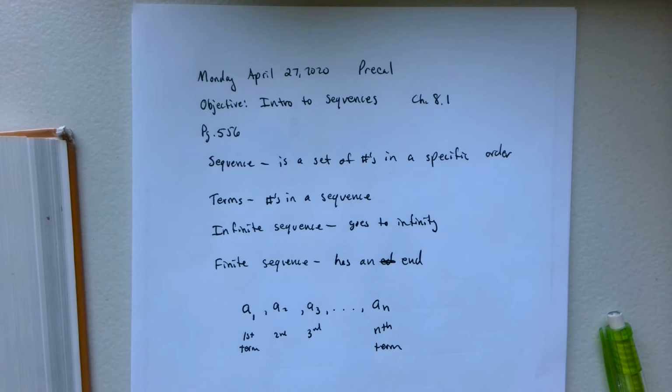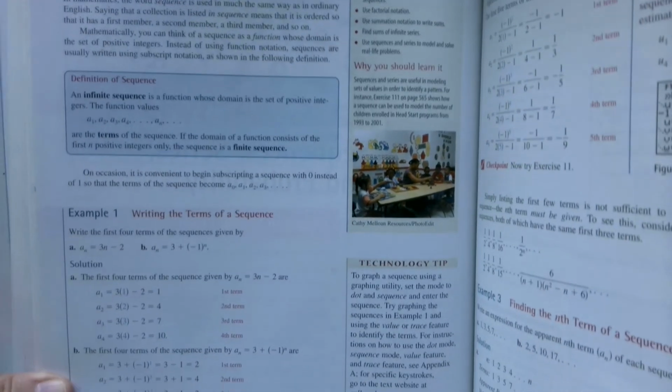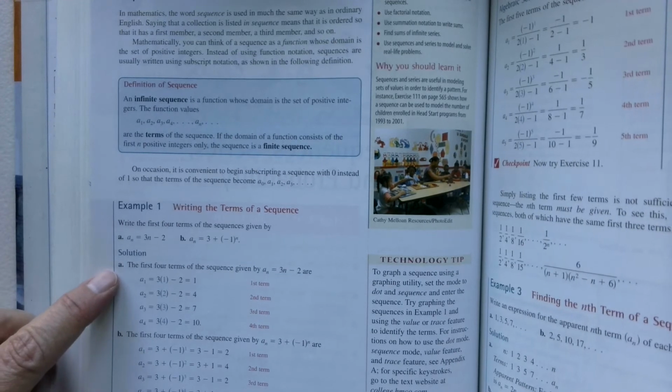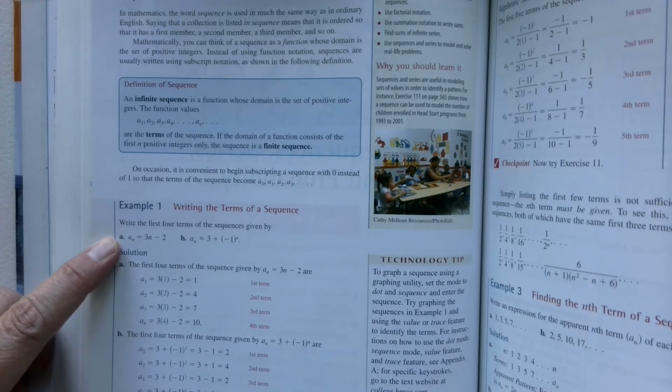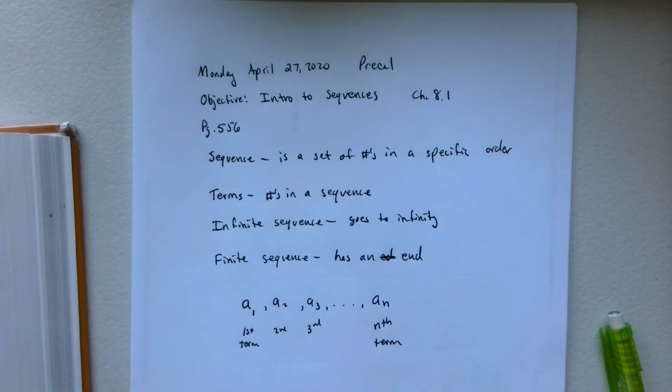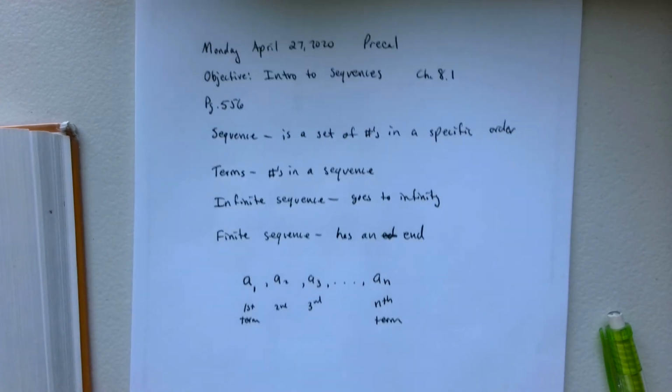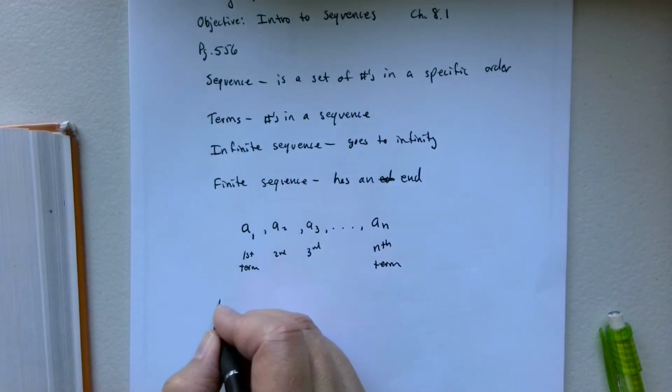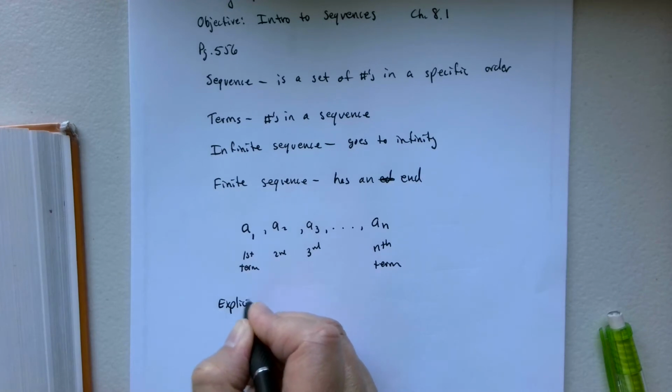If you look in your book on page 556, you'll see example 1. It says, write the first 4 terms of the sequences given by, and they give you a formula. This is actually called an explicit formula.